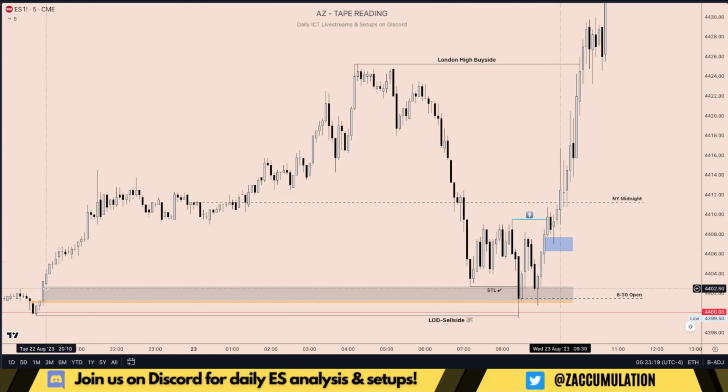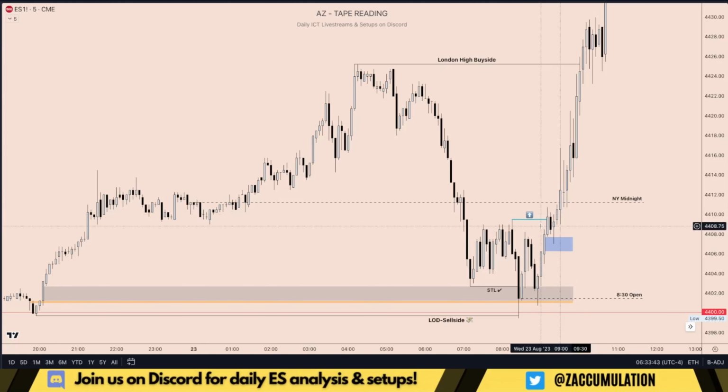Note that we also have a bullish fair value gap here paired with a volume imbalance. And eventually, during the macro between 8:50 and 9:10, we start to displace and shift market structure because we broke that most recent lower high. Lower low, lower high, lower low, higher high. Right here, we shifted market structure.